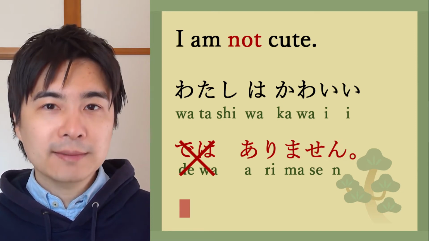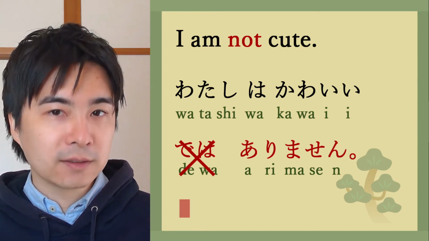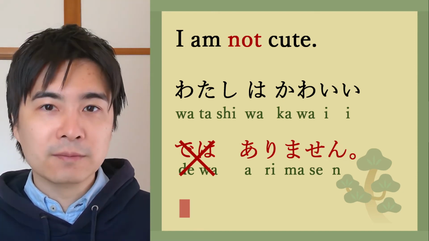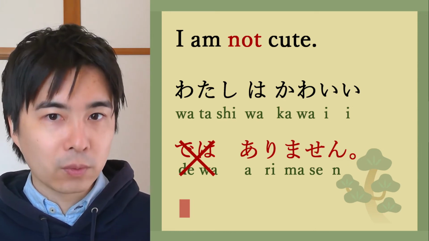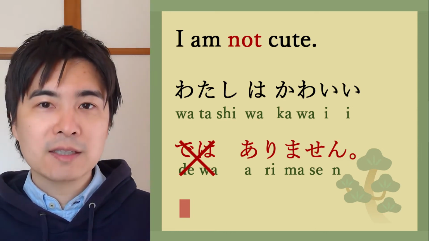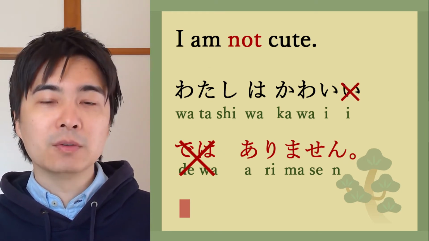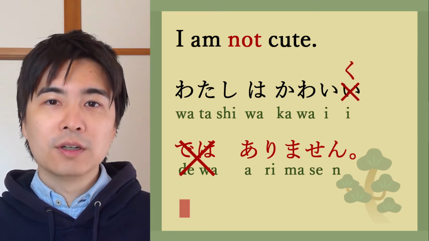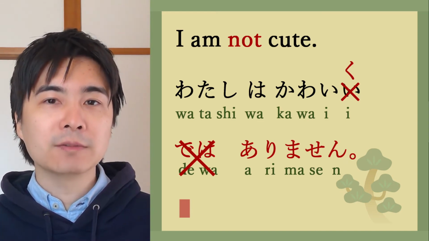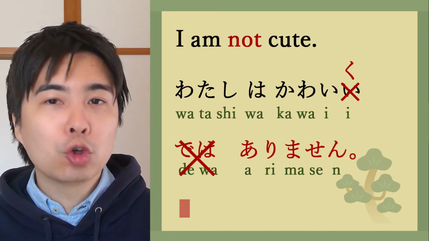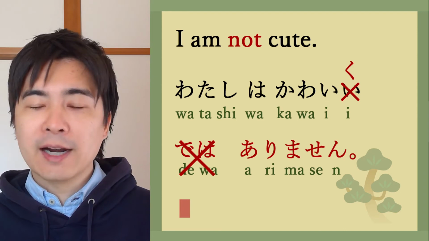And when ありません follows an I-adjective, the I-adjective needs to be conjugated a little. We need to change the I-adjective's last character い into く. So かわいい becomes かわいく when ありません follows it.